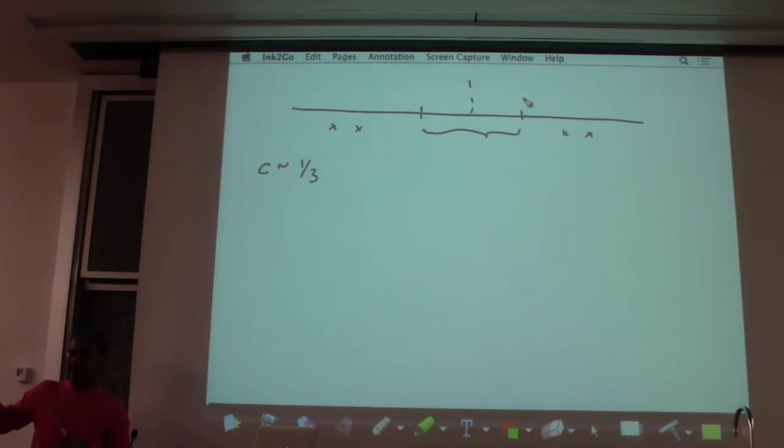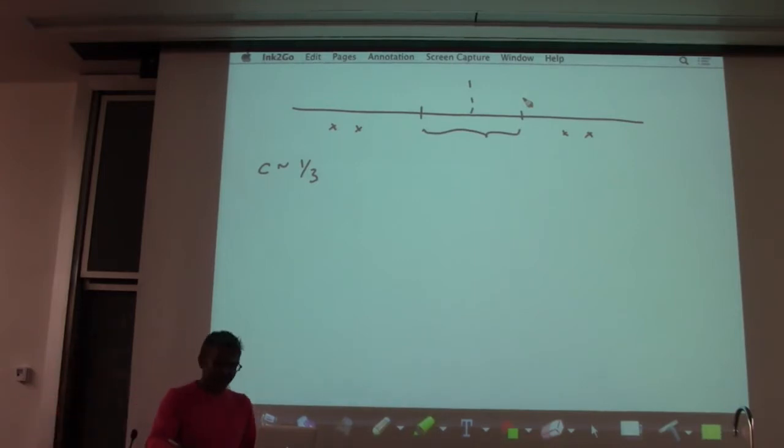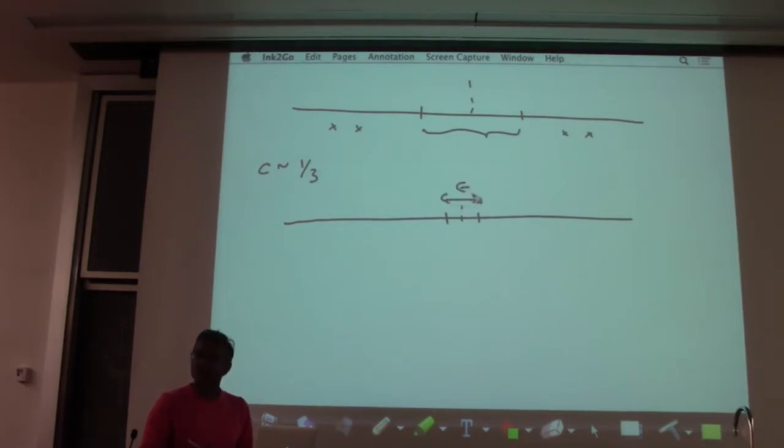And in fact, in general, if I imagine dividing up my range, and I have my median, and I have some range around the median, so gap epsilon. For any epsilon, this is where the epsilon is going to come in. Okay? I claim that if I sample roughly 1 over epsilon elements and take the median, I might need something like 2 over epsilon, but that's okay.